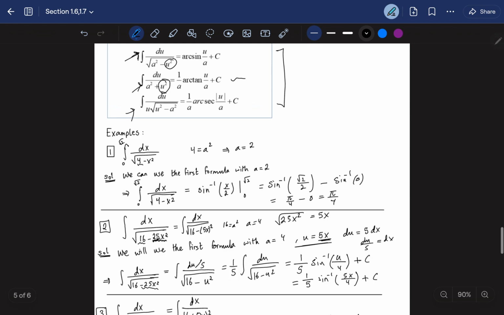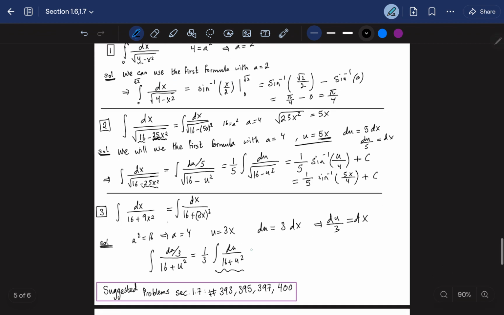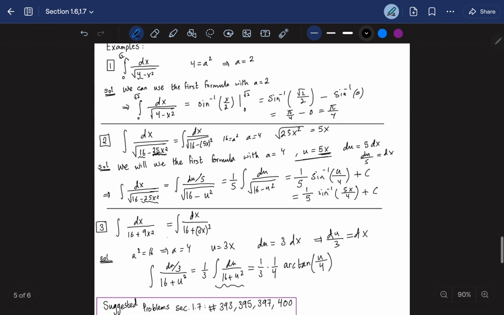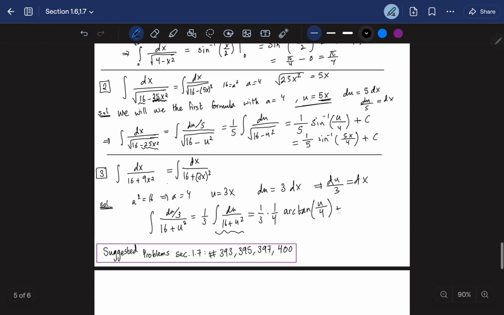So this is just 1 over a arctan u, so this is times 1/4 arctan or tan inverse of u over a plus c. We are doing substitution, so don't forget to plug in the value of u back in. Plus c.